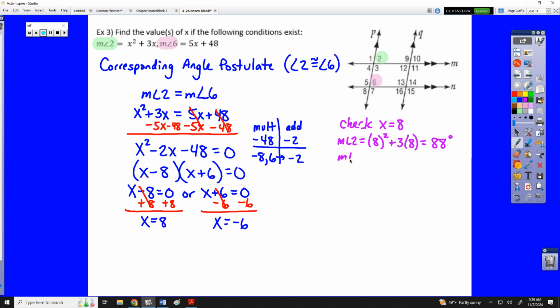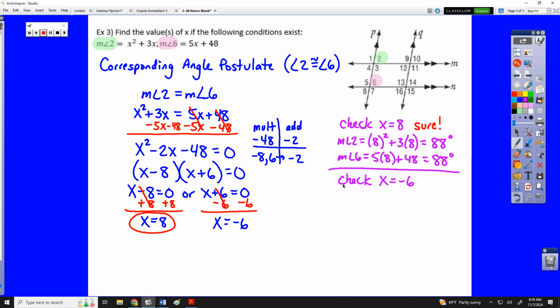The measure of angle 6 would be 5 times 8 plus 48, which is 40 plus 48, or 88 degrees. 88 degrees is positive, and 88 degrees is less than 180, so x equals 8 is an acceptable answer. Now we need to check the other one, because it is possible that both answers could work. It's also possible that neither answer could work. This is why we have to check every single answer.